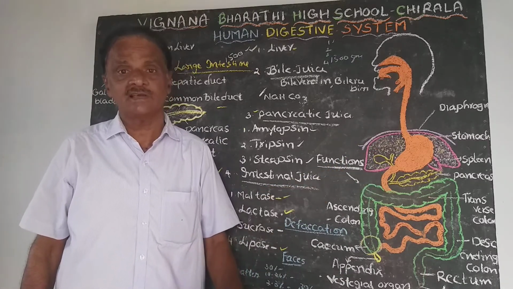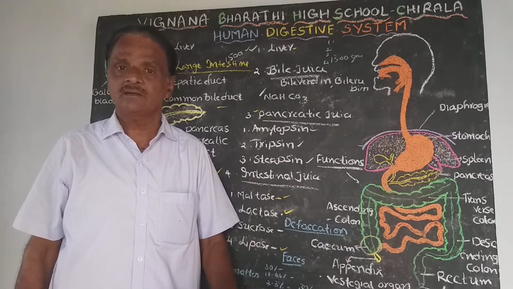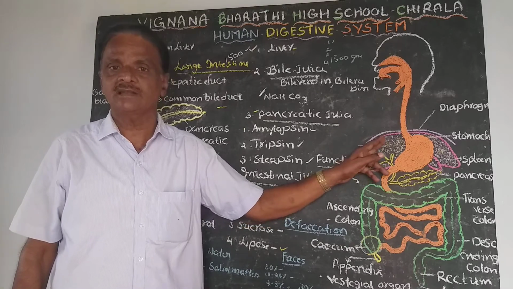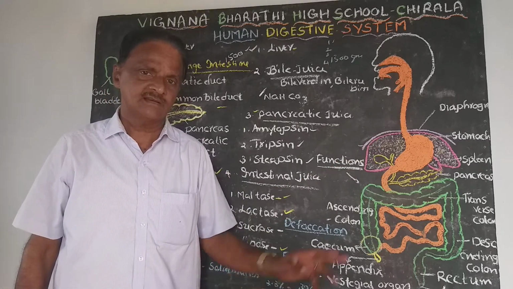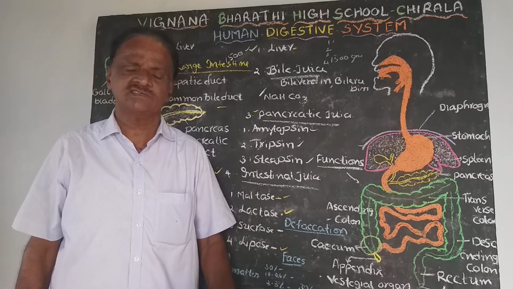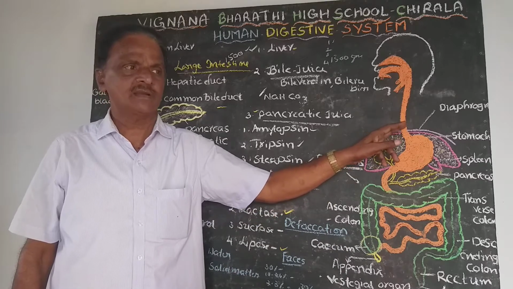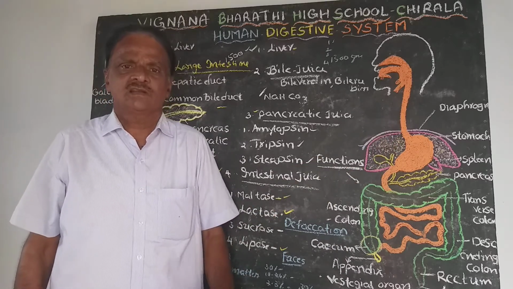Next, it destroys dead red blood cells, and it stores iron and copper and some vitamins like vitamins A and D. It excretes non-poisonous metals and it excretes poisonous metals.